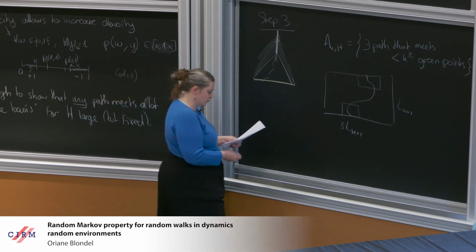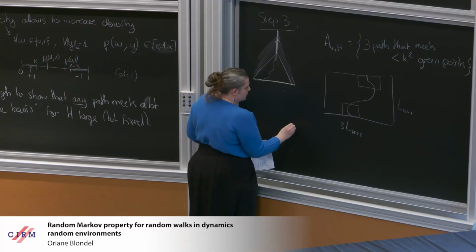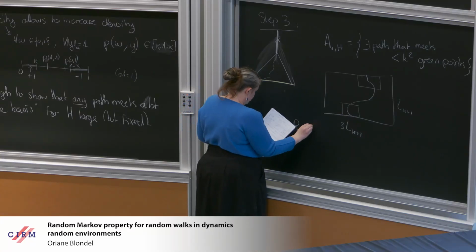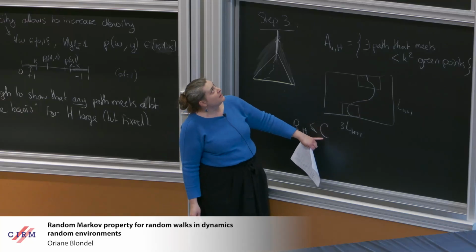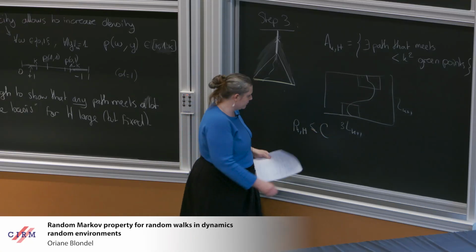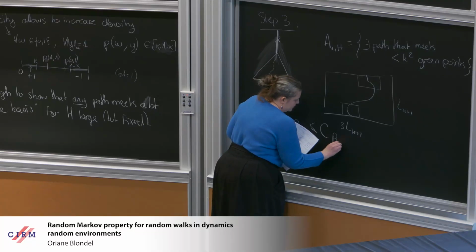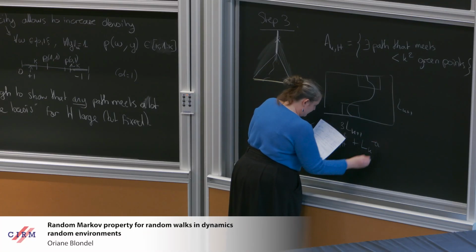That's the cascading property. And then what you end up with is the same kind of recursive equation. So the p_k^h is going to be smaller than, so you have this time a C that is counting the ways that you can choose your sub-boxes, p_k^h squared plus L_k to the minus alpha.